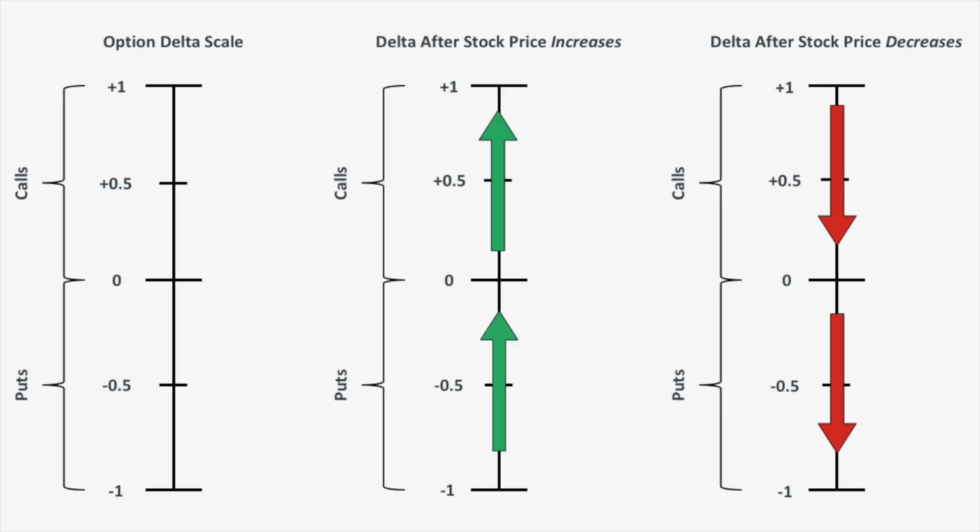On the other hand, subtracting gamma from the negative put delta will bring that put delta closer to -1. So all you need to know is that as stock prices increase, call options become more sensitive in terms of direction, and put options become less sensitive. When the stock price decreases, call options become less sensitive and put options become more sensitive.